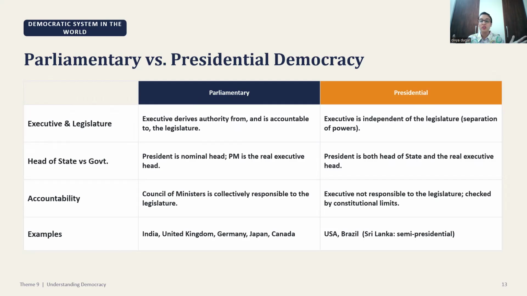But in presidential, the executive is not responsible to the legislature. The executive is independent in the presidential form of government. Examples of parliamentary democracy are India, United Kingdom, Germany, Japan, Canada. The presidential examples are USA, Brazil, etc.